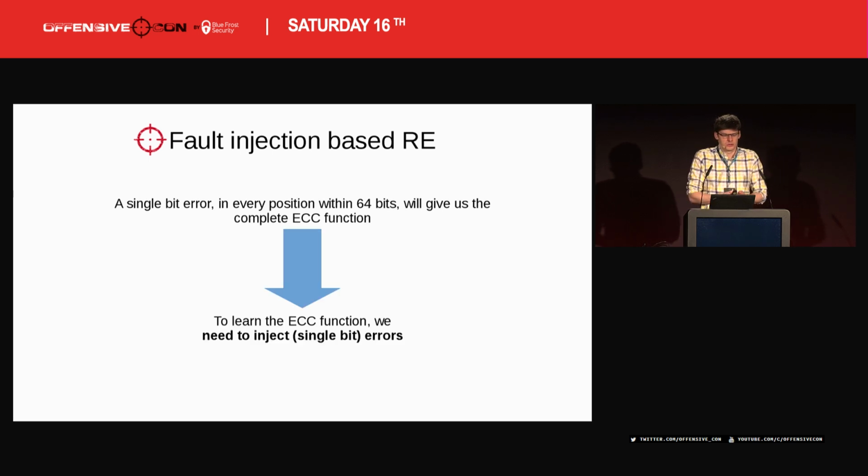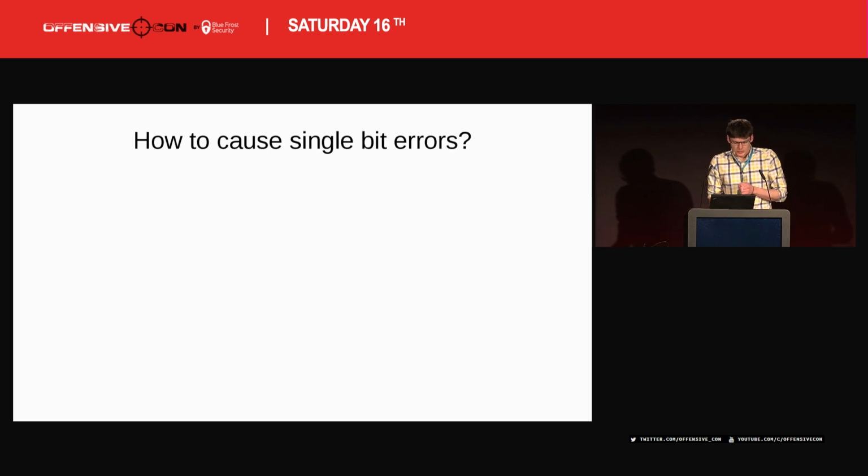So what we have to do to run our attack is just to cause a single bit flip in the data that we're reading, and then try to observe this syndrome. And with the syndrome, we can compose the whole ECC table. But how can we cause these single bit errors?